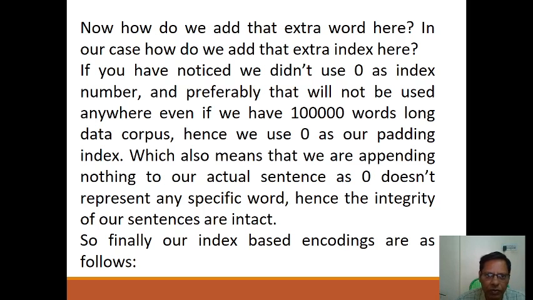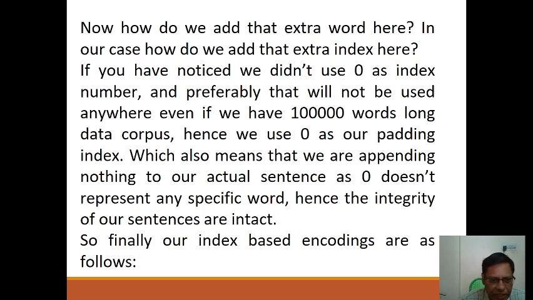How do we add that extra index? If you have noticed, we didn't use 0 as an index number, and preferably it will not be used anywhere, even if we have a data corpus of 10,000 words. Hence, we use 0 as our padding index, which also means we are appending nothing to our actual sentence, as 0 doesn't represent any specific word.